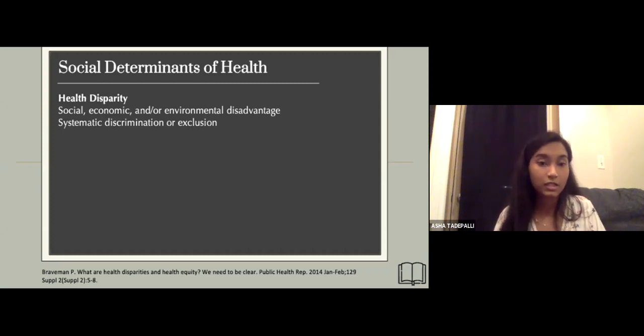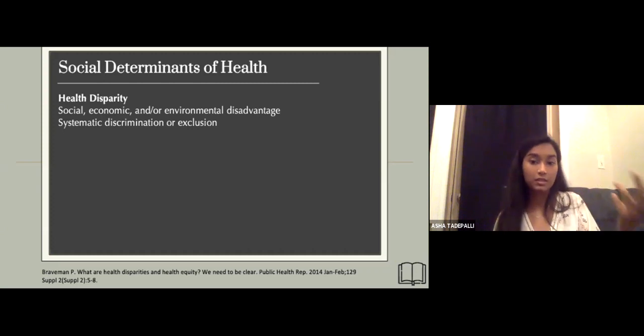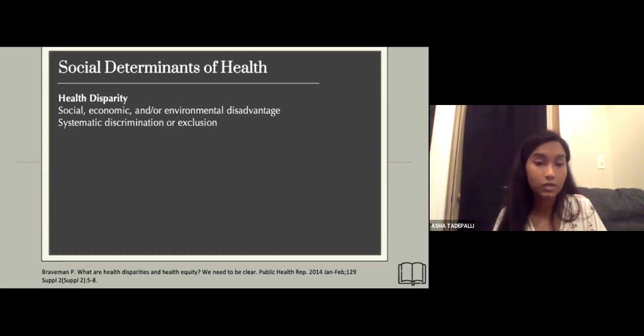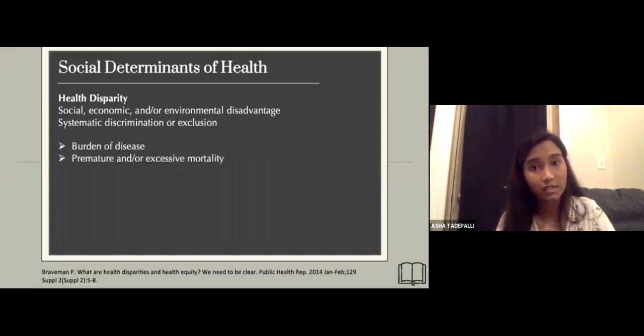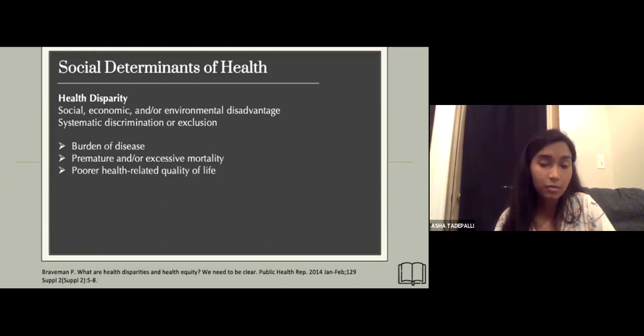With the focus placed on social determinants of health, the Healthy People 2020 was able to relate this to an individual's ability to achieve health. And those that have social, economic, or environmental disadvantages, or who suffer from systemic discrimination or exclusion, are seen to have higher burden of disease, premature and or excessive mortality, poor health-related quality of life, and impaired daily functioning.